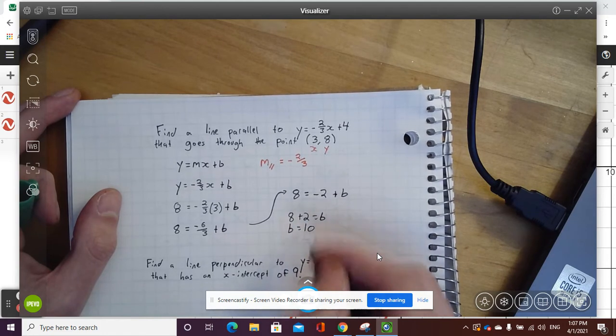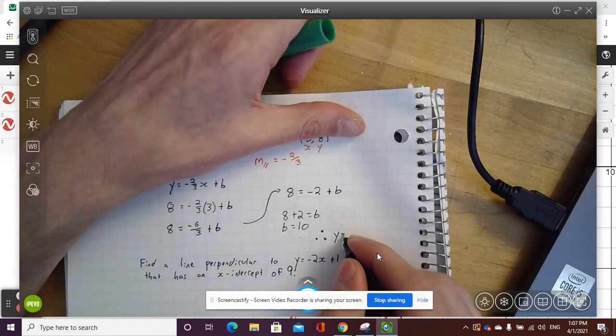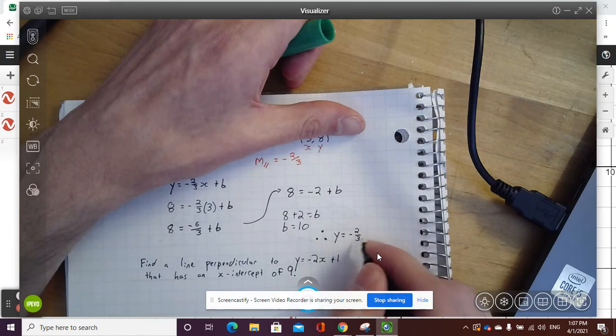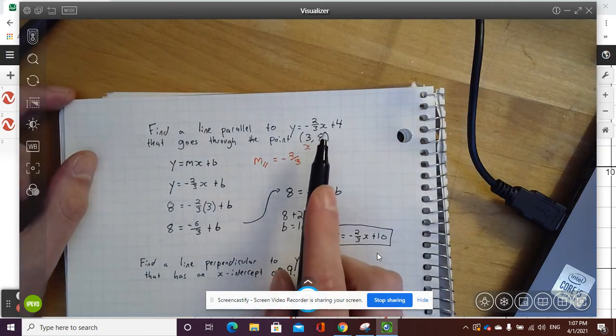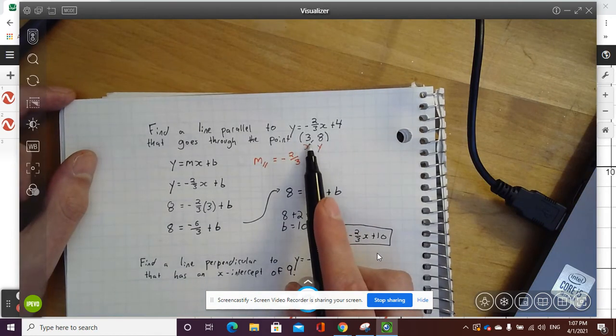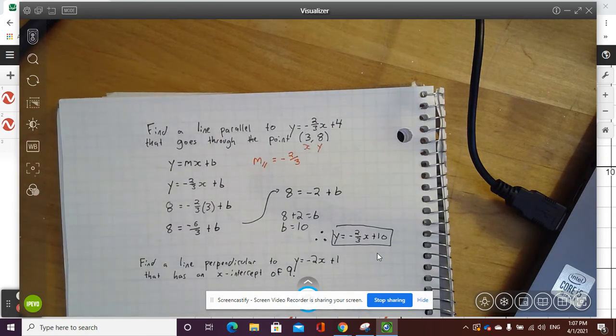So b equals 10. My final step, now that I know m and b, I can write out the equation of my line: y equals -2/3 x plus 10. So that's the equation of the line that is parallel to my original line, and it goes through the point (3, 8). That's really about as hard as it can get when we're working with parallel lines.